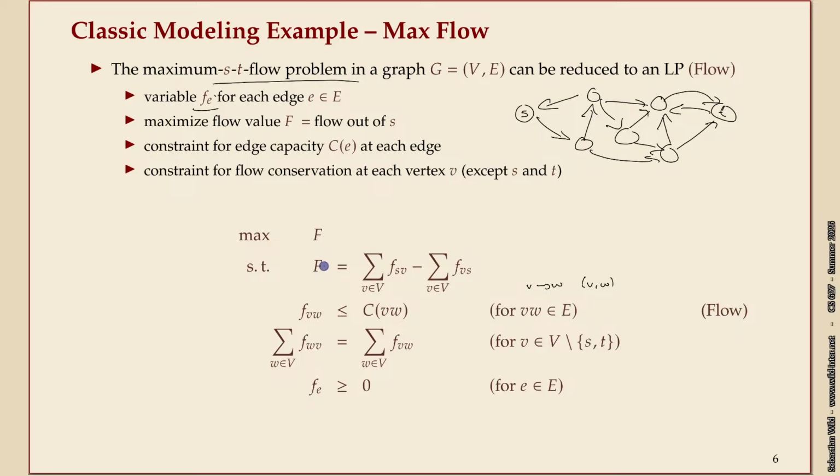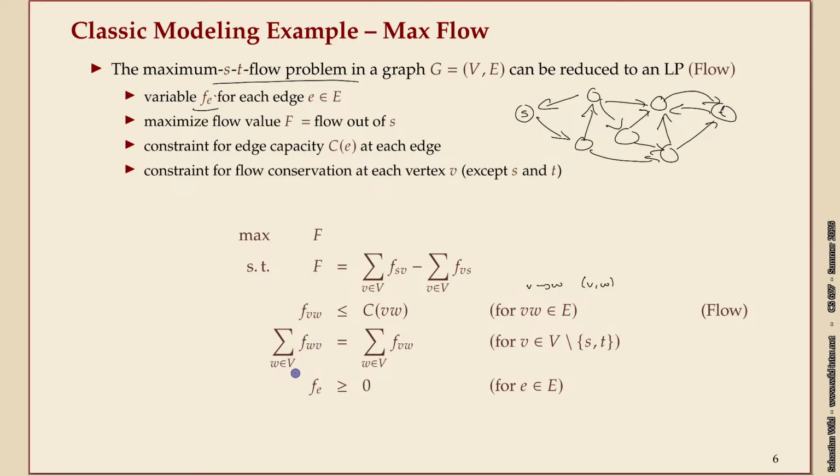So the total flow you can write as everything that goes from S to some other vertex minus everything that comes back, because you could have edges leading back to S. And the other constraint, the not so trivial one maybe, is this flow conservation constraint. You have this for every vertex. That's what I said before. If it's not S or T, what goes in has to go out.